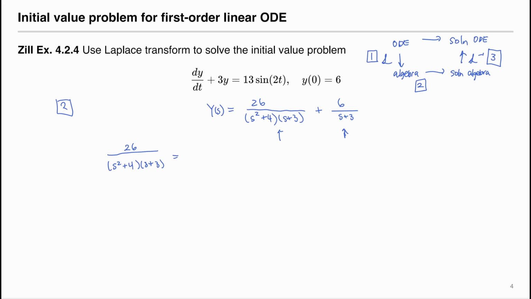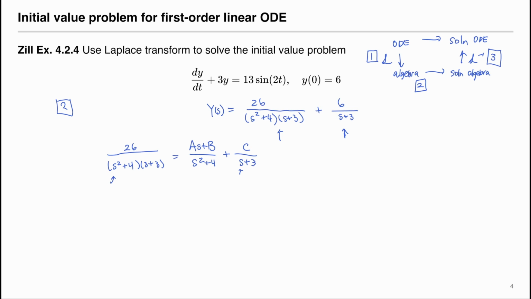In this case, we see that there is an s squared plus 4 term in the bottom, and we cannot further factor it because if we set it to 0, we will have imaginary roots. So in this case, we'll assume that if we can separate the denominators, the s squared plus 4 term will carry an s factor and a constant at the top, and the s plus 3 term will only have a constant on top.